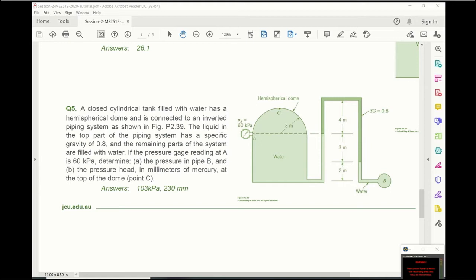So the density of that liquid is going to be 0.8 times 1000.